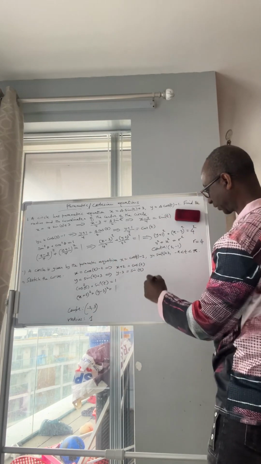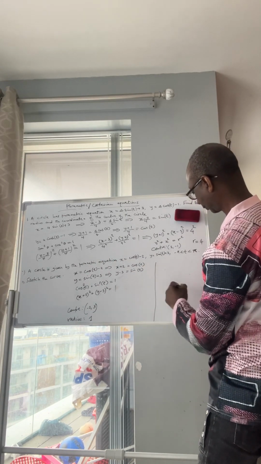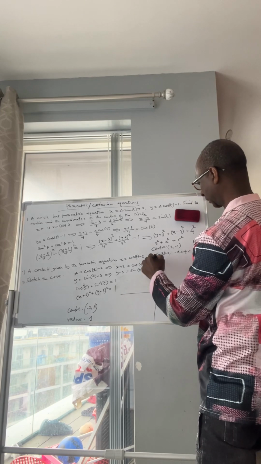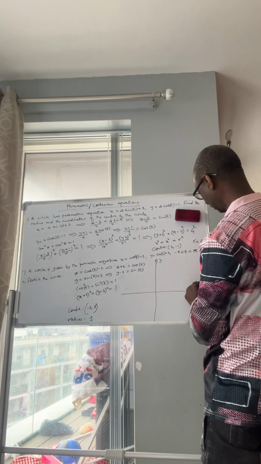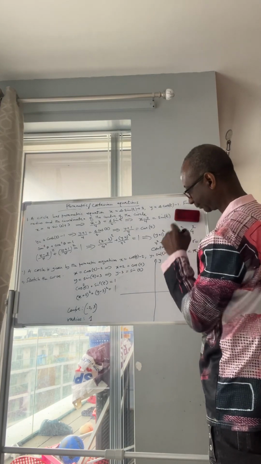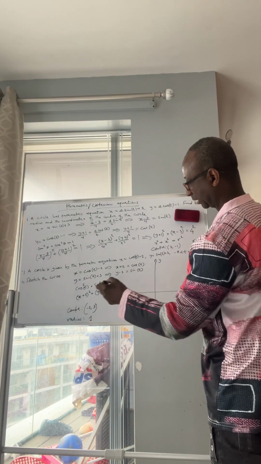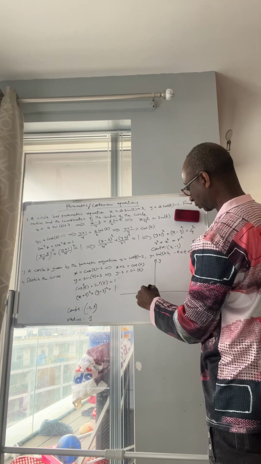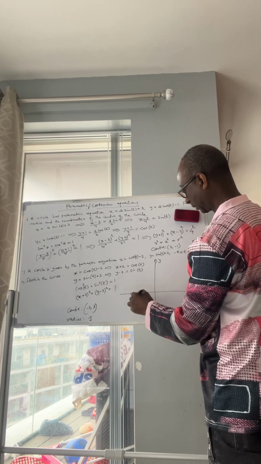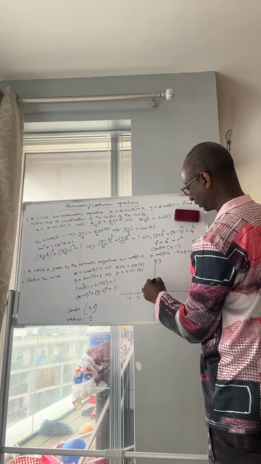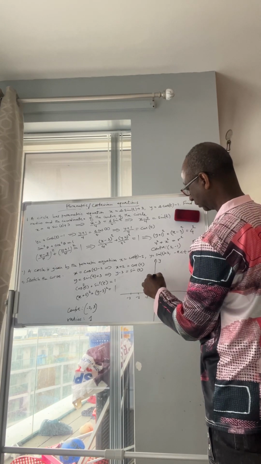Because we're asked to sketch it, let's draw our axes. This is our y-axis. This is our x-axis. You have your x minus 2, so we will be on this side. Minus 1, minus 2, minus 3, 1, 2, 3.